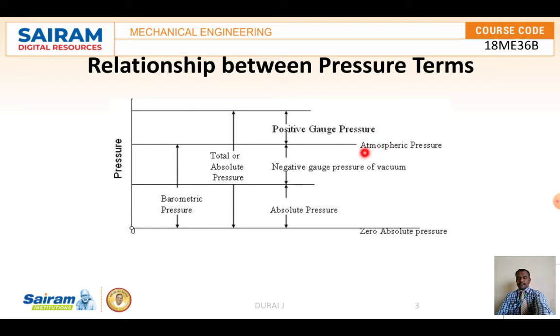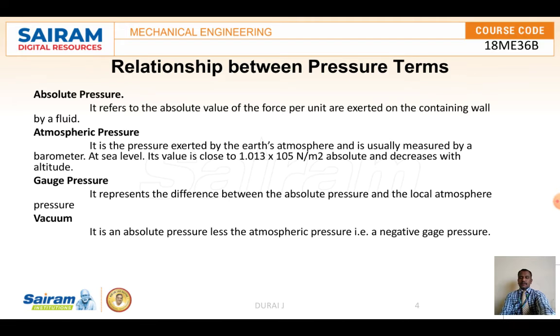Above the atmospheric pressure we are going to say it is a positive pressure or gauge pressure. Below the atmospheric pressure we are going to say negative pressure or barometric pressure. So from here to here is a negative pressure. Below the negative pressure we are saying absolute pressure, exactly at the bottom, that is zero absolute pressure.